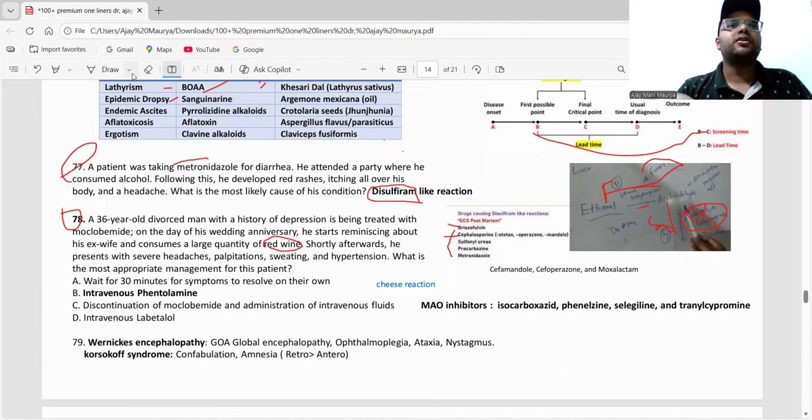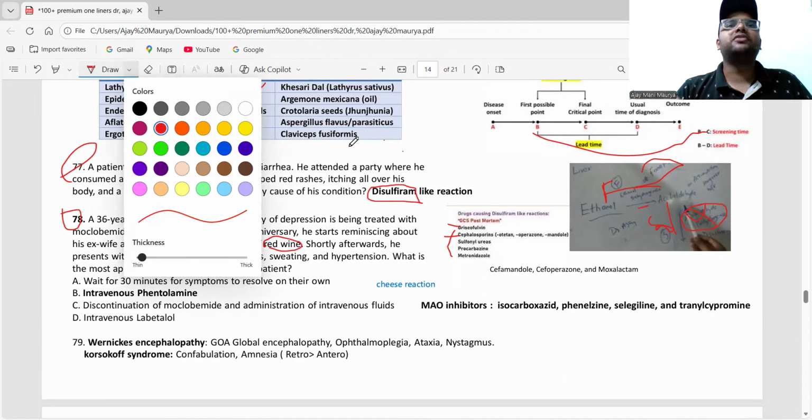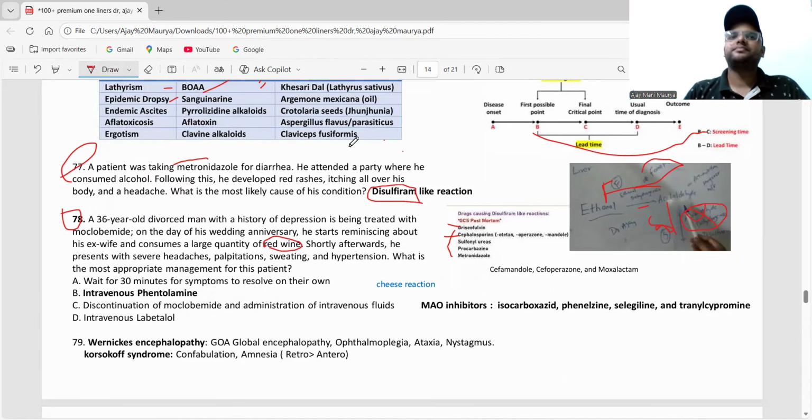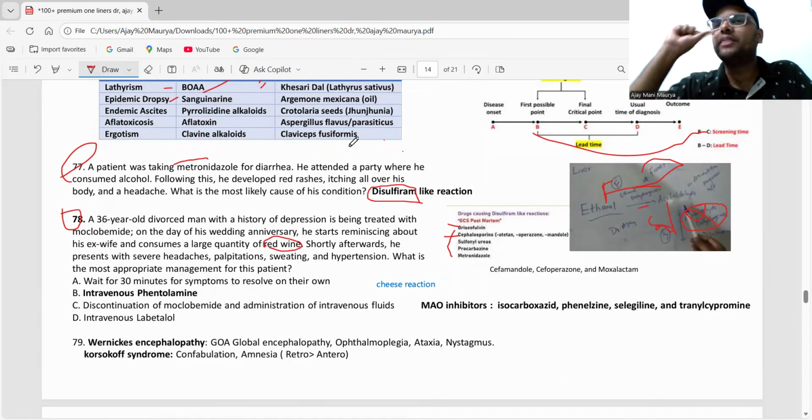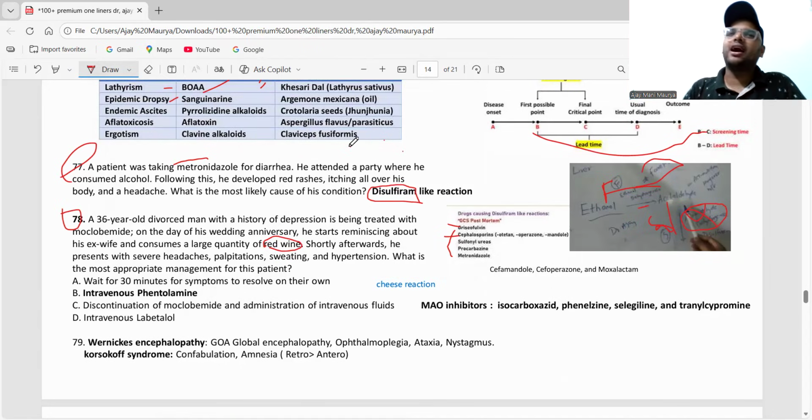How to identify? This is the cheese reaction. Whenever MAO inhibitors are taken, and you take red wine, the tyramine content in the red wine interacts with the MAO inhibitors. I don't know the drug moclobemide, but by the history, this is a case of the cheese reaction.